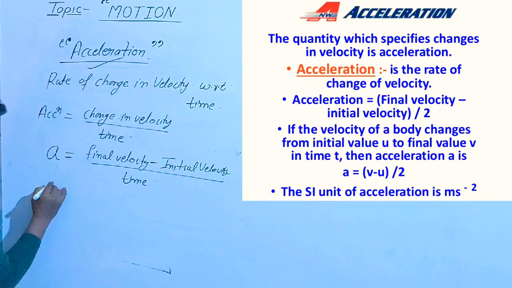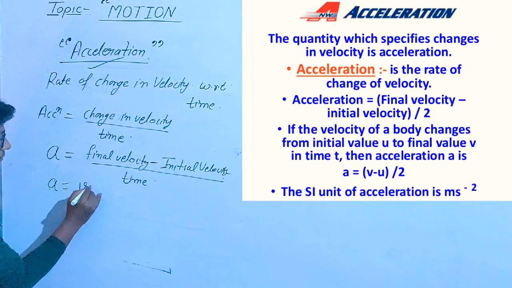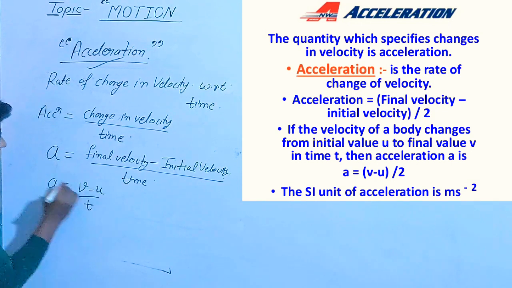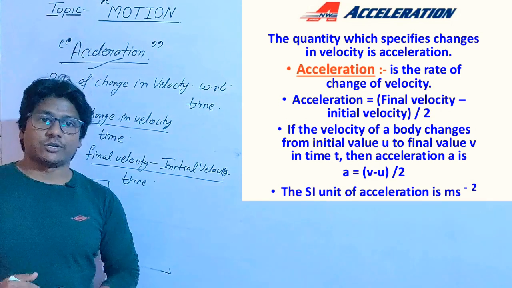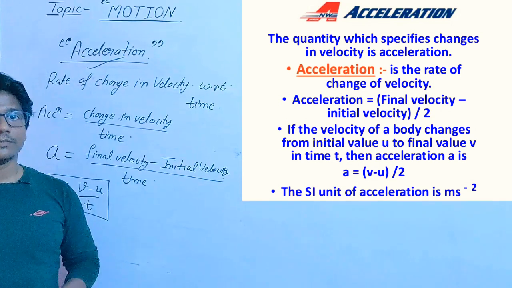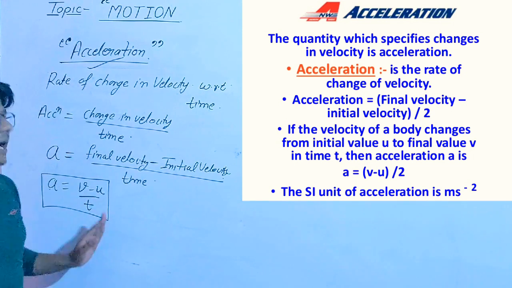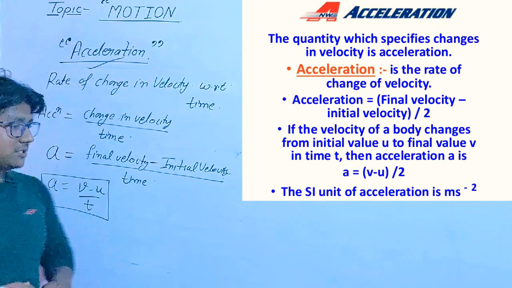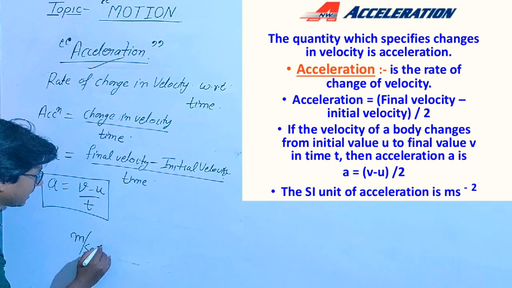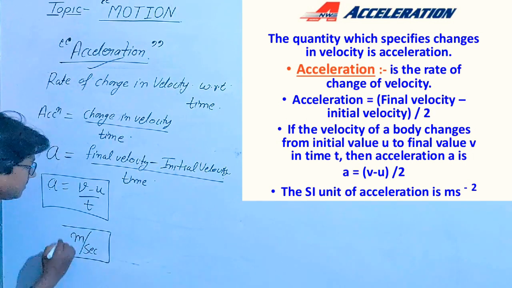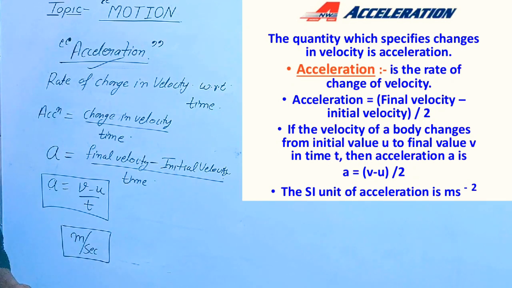So the formula will be a is equal to (v minus u) by t. This is the formula of acceleration. The SI unit of acceleration is meter per second square.